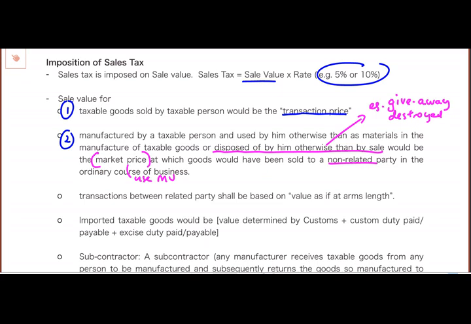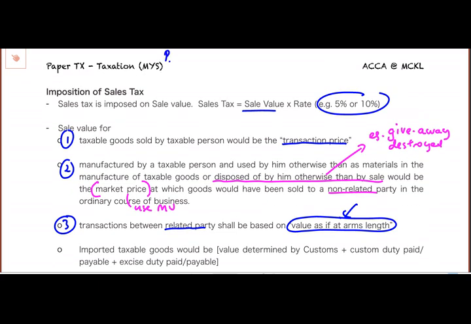Now, for related party transaction, you must use value as if at arm's length. Arm's length means like an independent person, that means it's back to market value. So let's say, for example, I sell this product A to an outsider at a price of 15 ringgit.